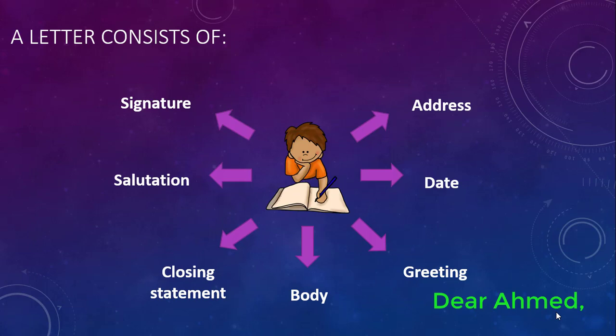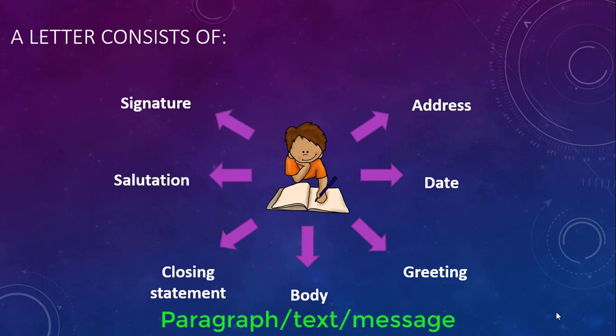The body is the paragraphs or the text or the message that you want to send to someone, which is the biggest part. It could have 1 paragraph or 2 paragraphs or 3 paragraphs. And each paragraph has an objective or a goal.